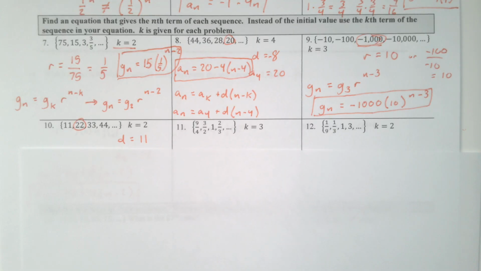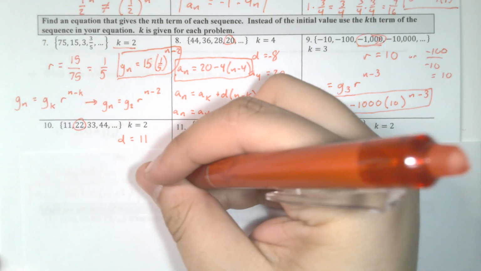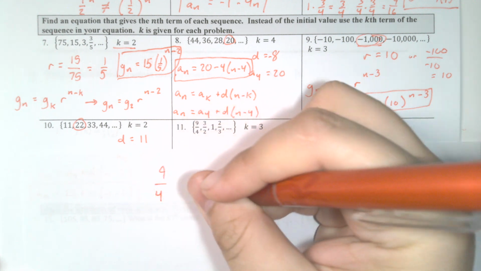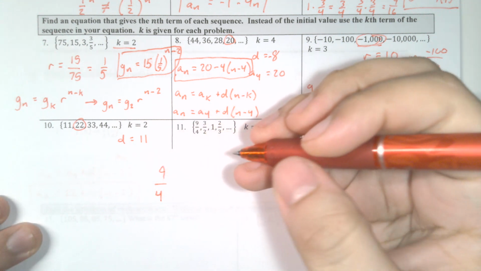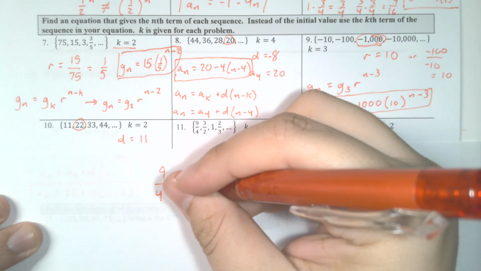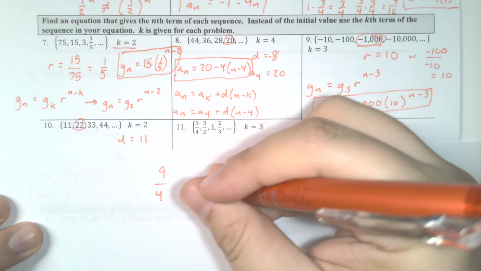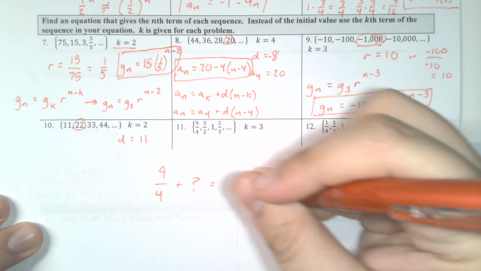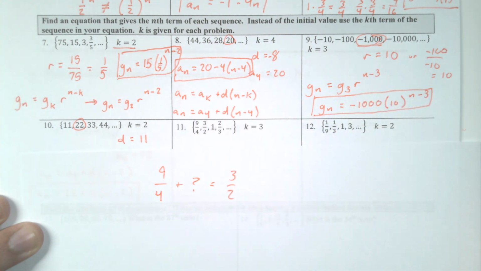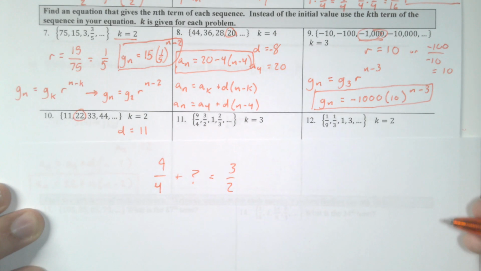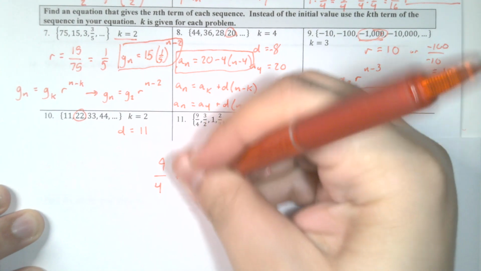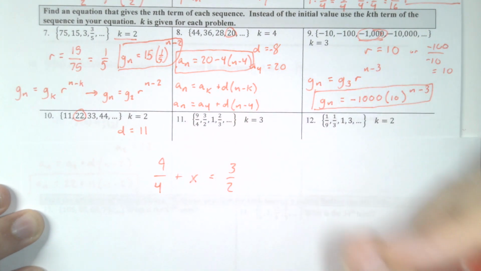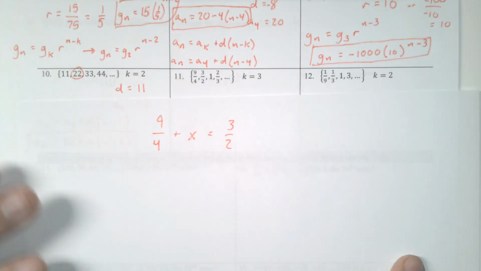So let's look at that for a second. 9 over 4 plus something is equal to 3 over 2. Almost like we have a symbol for an unknown quantity, let's call it unknown quantity x.